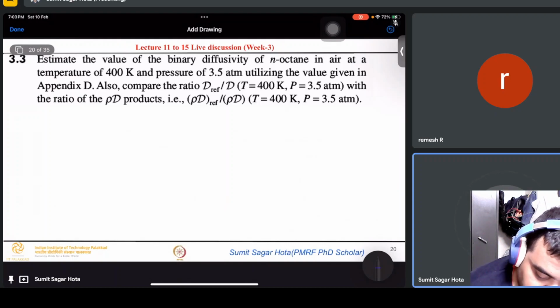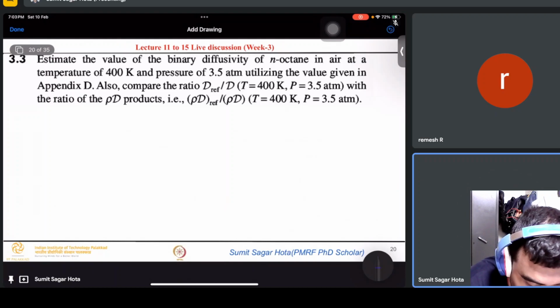Estimate the value of the binary diffusivity of n-octane in air at a temperature of 400 Kelvin and pressure of 3.5 atmospheric, utilizing the value given in Appendix D. Also compare the ratio D by D ref at temperature 400 Kelvin and 3.5 atmospheric pressure with a ratio of rho D products, that is rho D ref by rho D at 400 Kelvin and 3.5 atmospheric. Ref means reference temperature and pressure, maybe 298 and 1 atmospheric pressure.